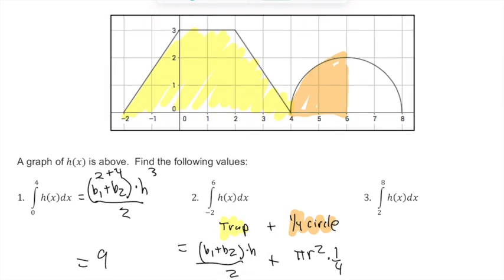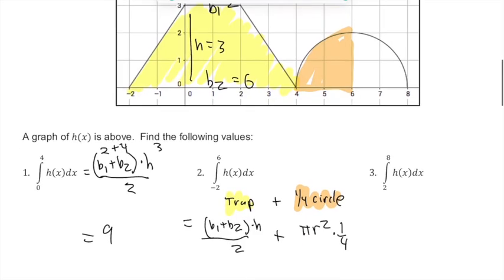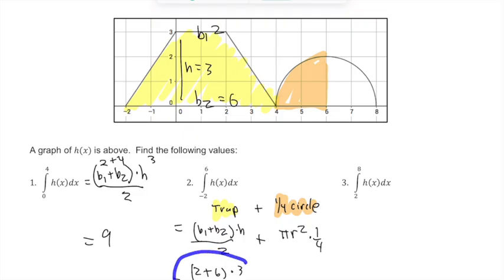So in our example, our base 1 is going to be 2. Our base 2 is going to be equal to 6. And then the height is going to be equal to 3. So this trapezoid is going to be 8 times 3 divided by 2, which equals 12.